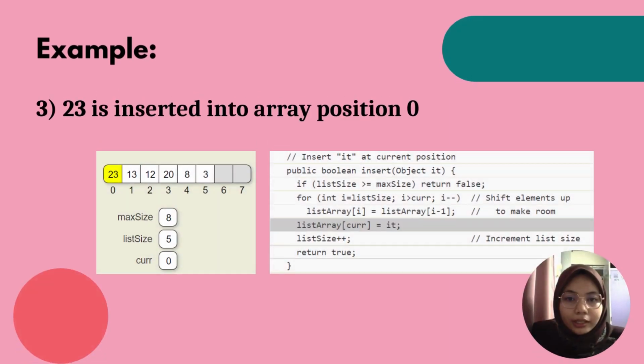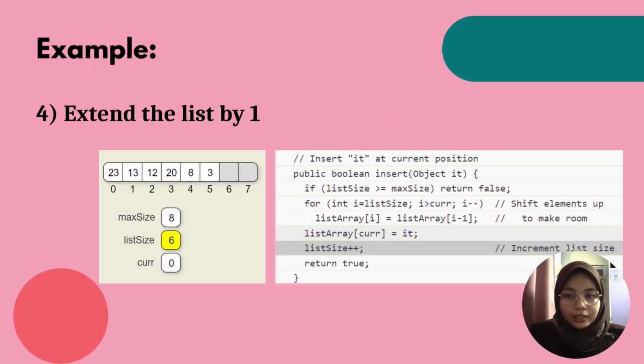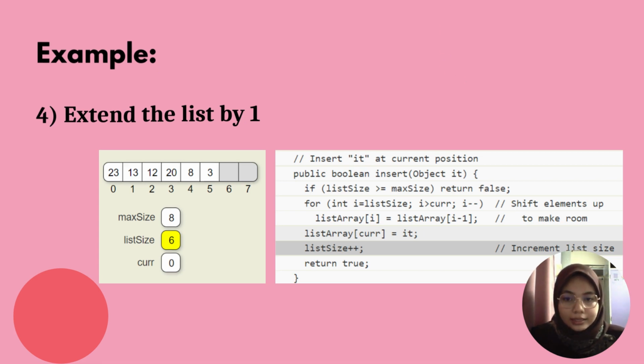Then right here we can see that the value of 23 has been inserted into the array position of 0. Last but not least, the list size will be increased by 1, from 5 to 6, and the cost to insert into an array-based list in the worst case is big O of n operations, where there are n items in the list.